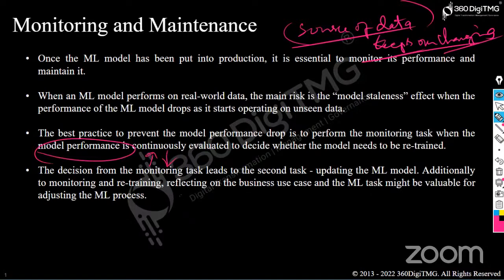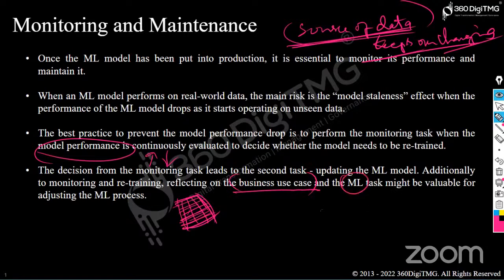Additionally, we monitor the business use case because it might change as the data changes. Hence, the document needs to be updated between the client and the service provider based on the business use case.